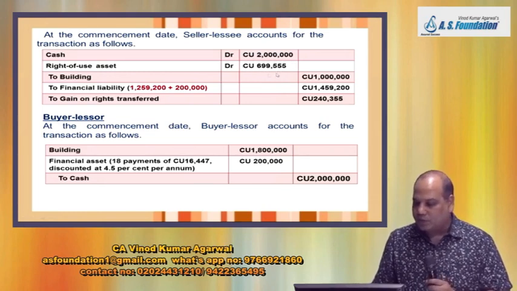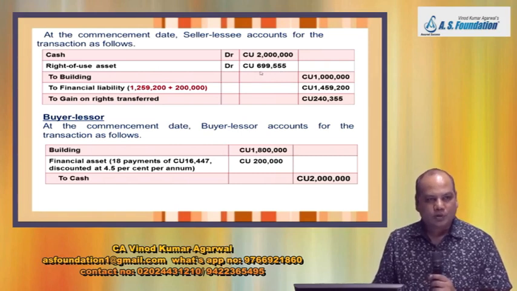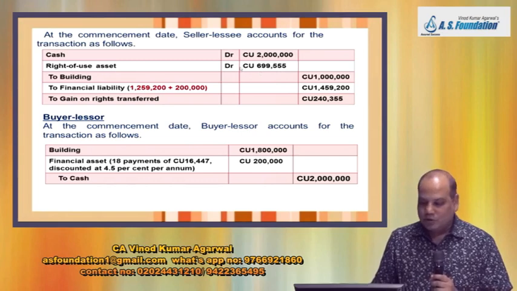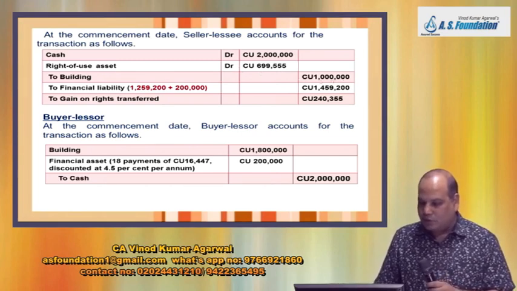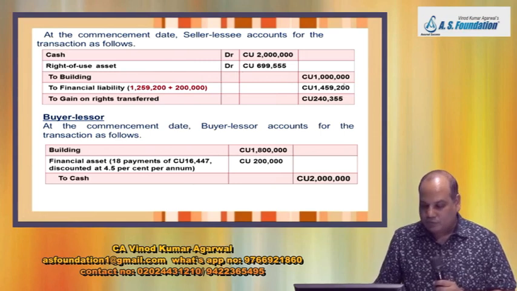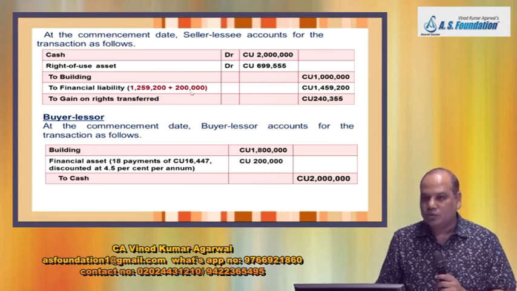In this type of arrangement, the right of use asset will be a proportion of the existing carrying amount that we have calculated. Building will be derecognized from the books now. And the liability we can divide into two parts: lease liability and financial liability. So lease liability will be 12,59,200 calculated in your notes, and financial liability 2 lakh, that is the additional loan.